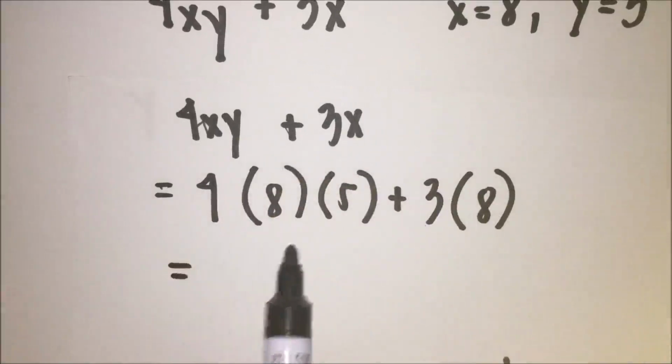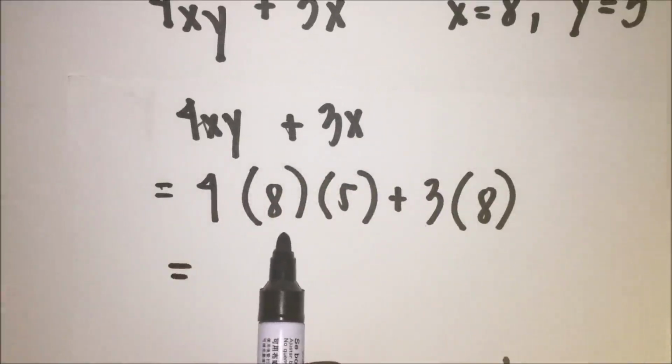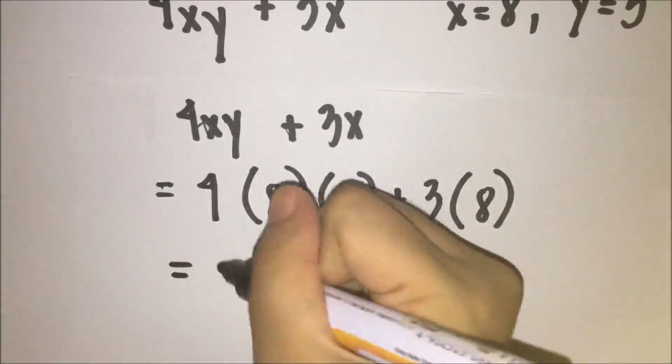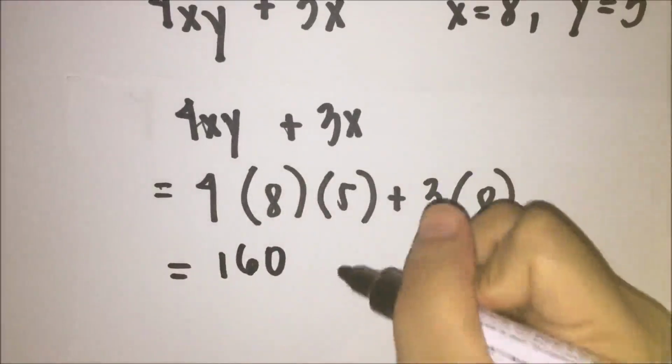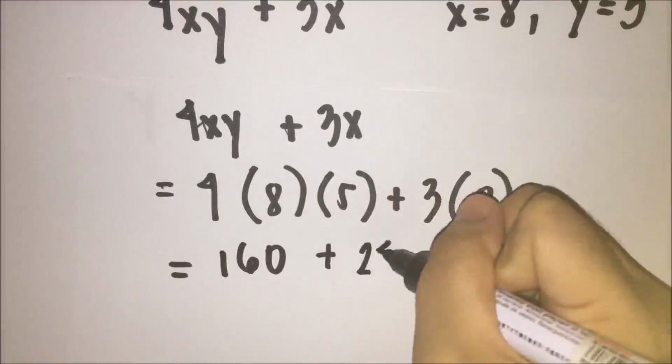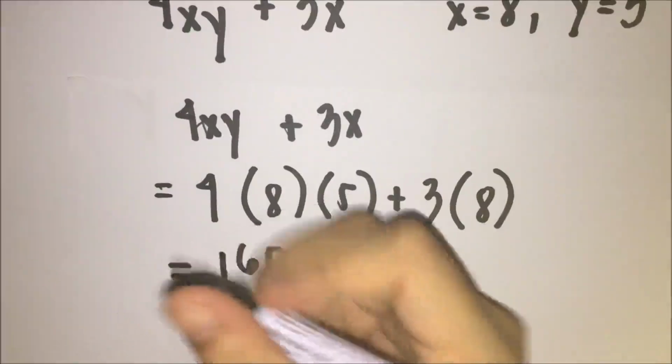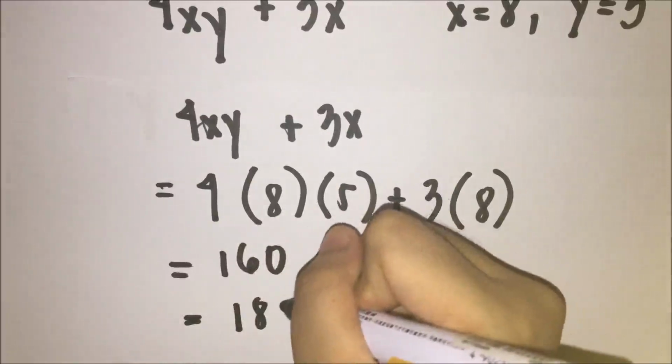So 4 times 8 equals 32, times 5 equals 160, plus 3 times 8, which is 24, and that sums up to 184.